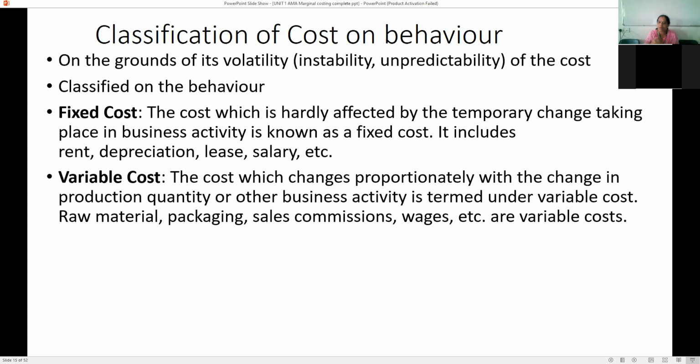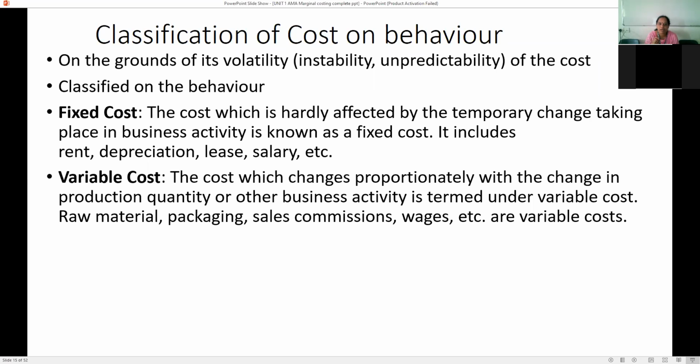If you're increasing the number of units by another 5 units, it would be another 50 rupees. So it changes depending upon the level of activity. It's like the unitary method. The total cost changes in proportion to the level of activity, and is called variable cost.